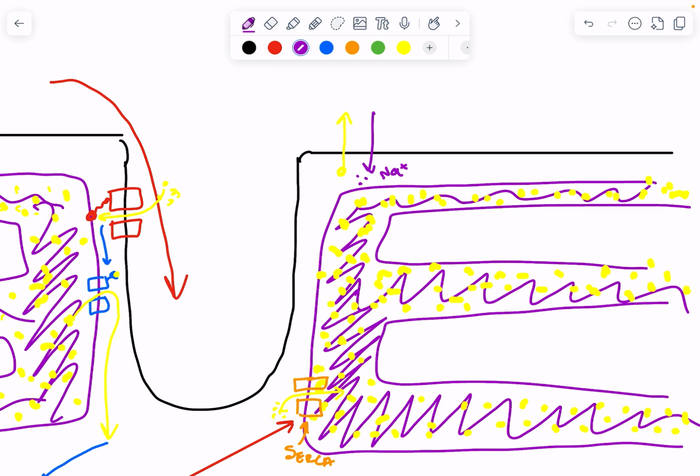And the sodium gradient is maintained by the sodium-potassium ATPase pump.